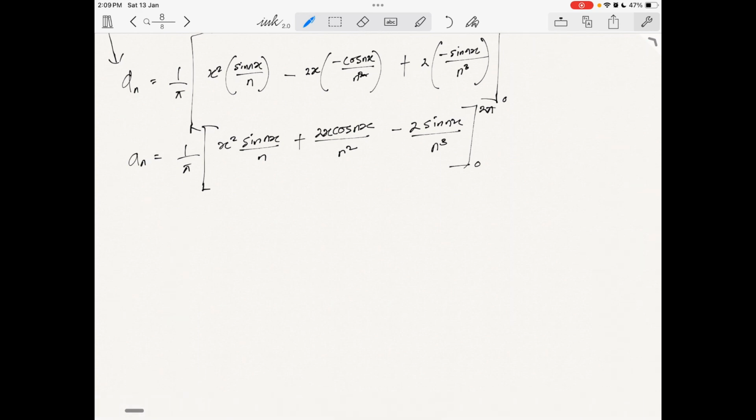The next thing to do is to apply the upper limit of 2 pi minus the lower limit of 0.